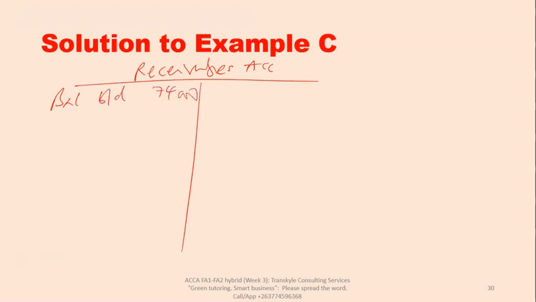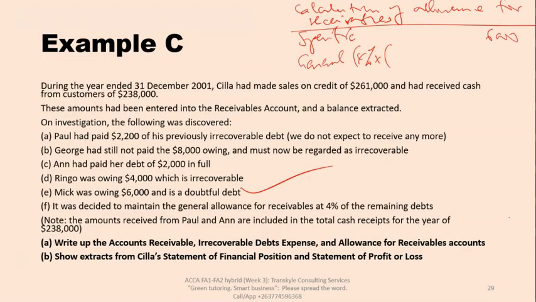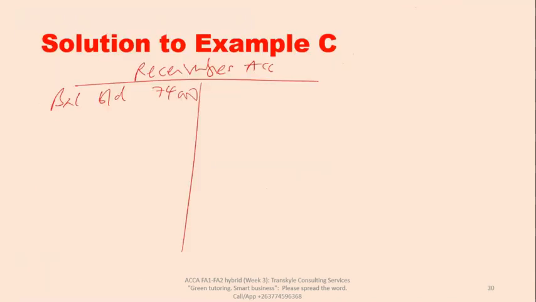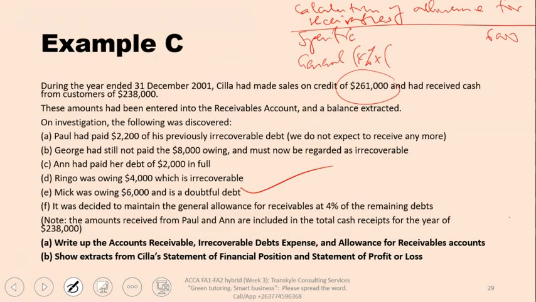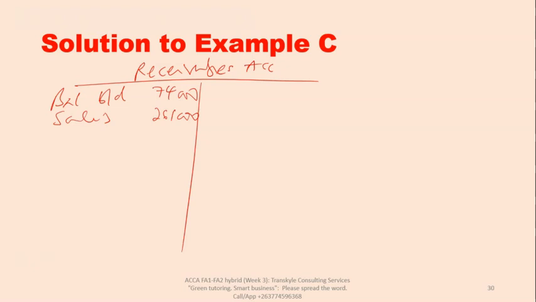Now we are also told that we made credit sales of 261,000. Sales, all right, 261,000. And then these sales were paid for. So some customers paid. So cash 238 was paid.